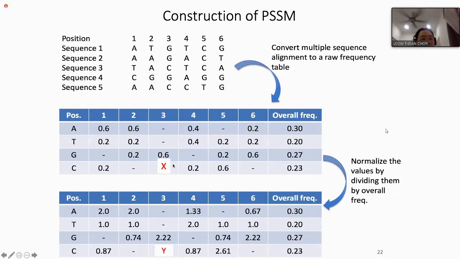So can you get me the X and Y value here? What is the X value here? And Y? Can someone answer this question so that I know you understand this? Can you provide me the answer? X is 0.4. And then Y? 1.74.